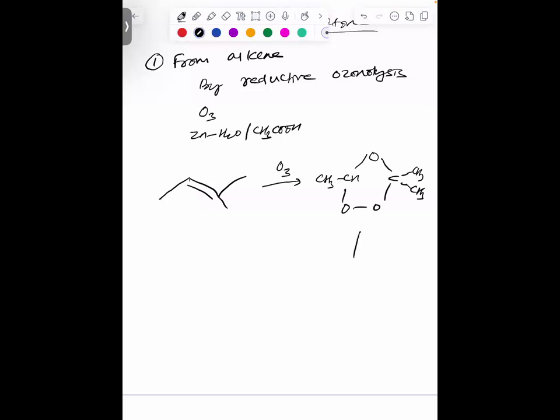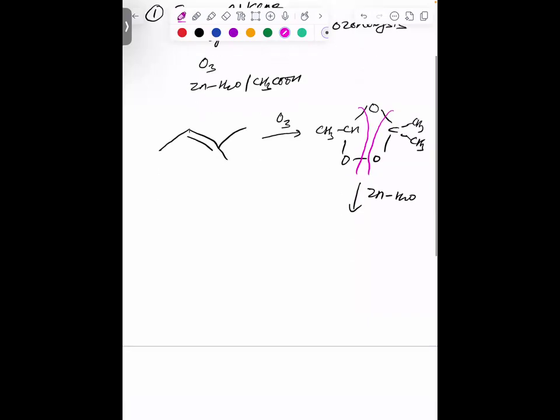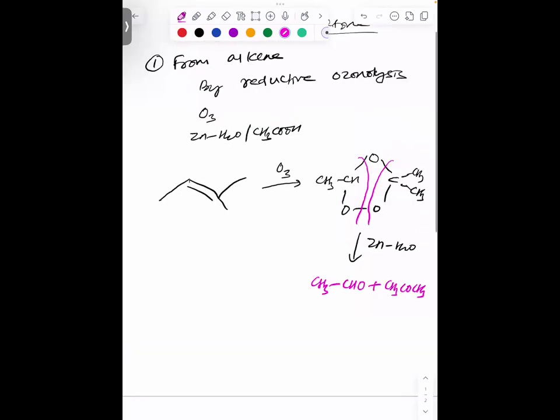Okay, then the ozonide formed will be reduced by the reducing agent. What is the reducing agent? Zinc water. So that will make aldehyde or ketone. So in this method we can prepare both aldehyde and ketone.